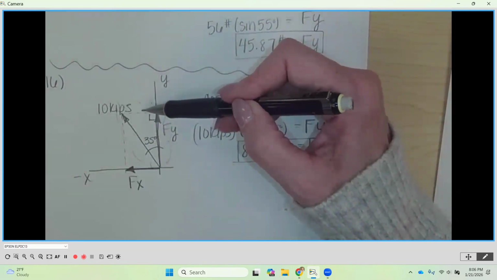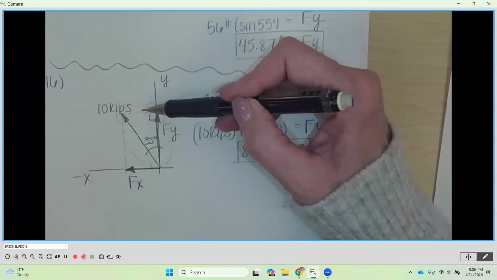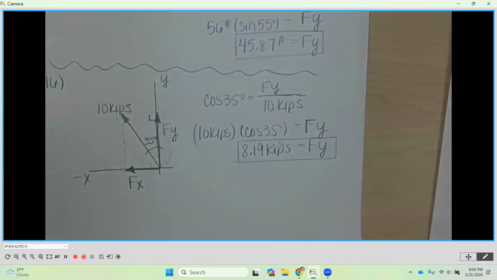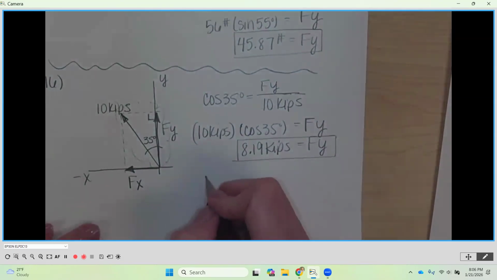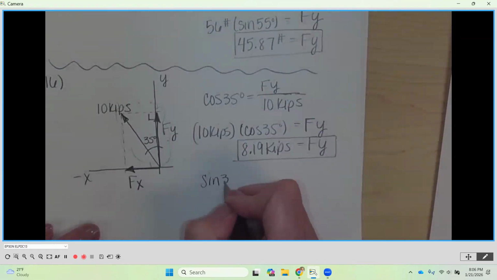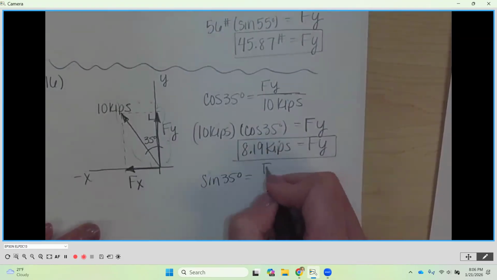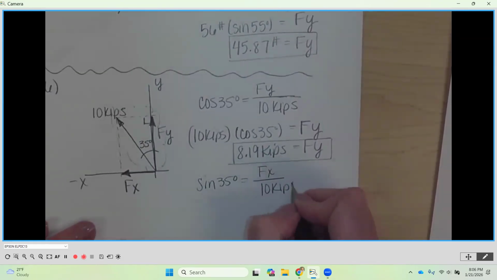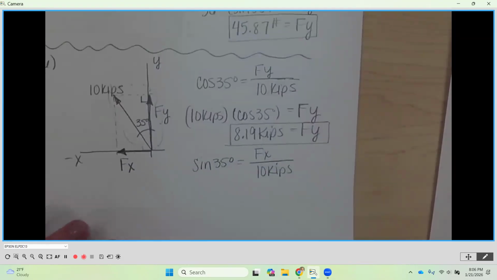That X equivalent side is the side opposite, right? And then we have our hypotenuse. So which function would that be? Sine again. Yep. So sine of 35 degrees is equal to Fx divided by our 10 kips, which is the hypotenuse.